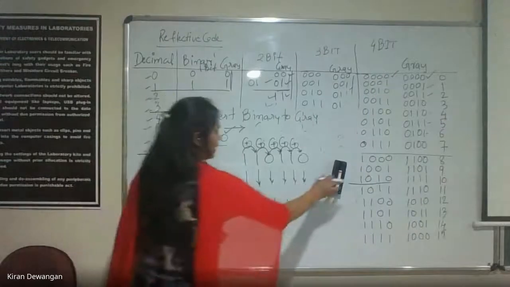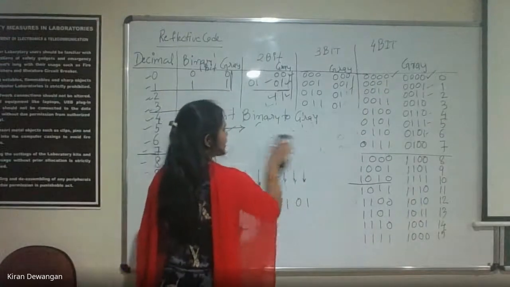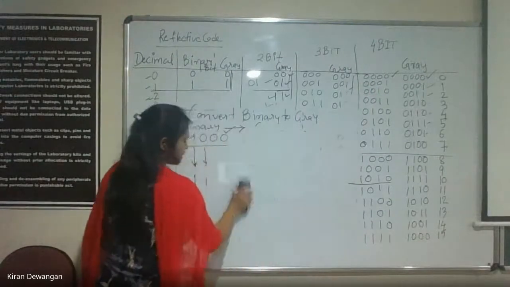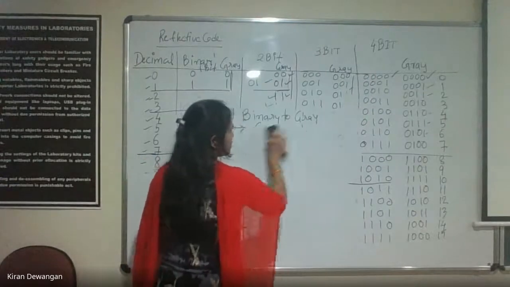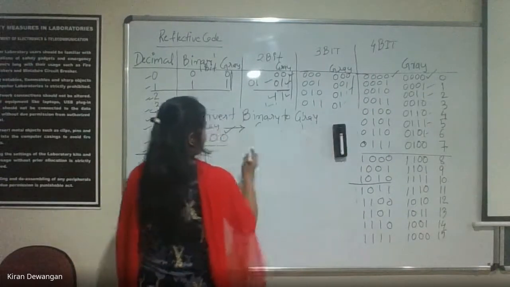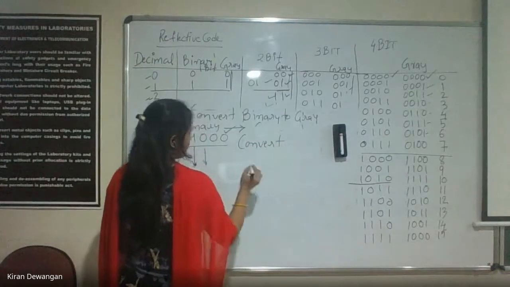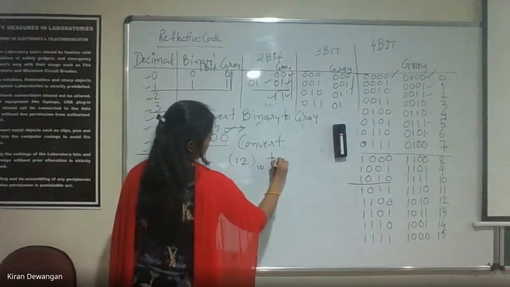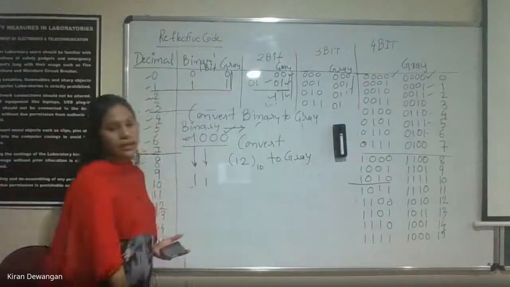Now we can even convert gray to binary. And the conversions I taught you in number systems... convert this to gray.